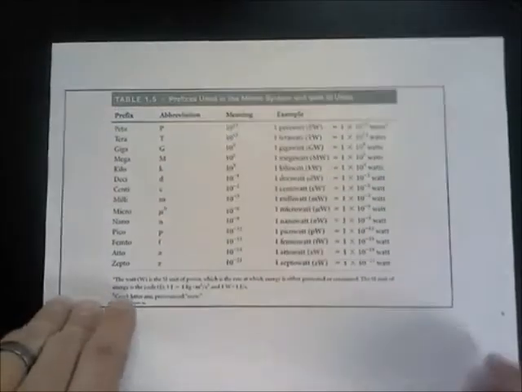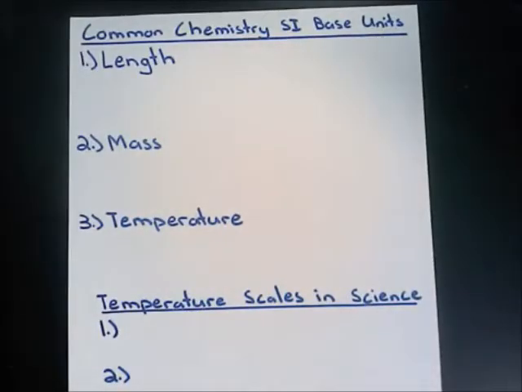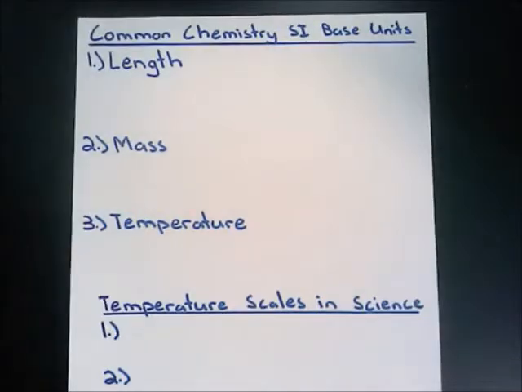So now we can shift gears to how exactly we make measurements in this particular class. All of the units that you see here are measurements that derive from the base units. A measurement that we use for length for a base unit is a meter, and a meter is the SI unit for length.